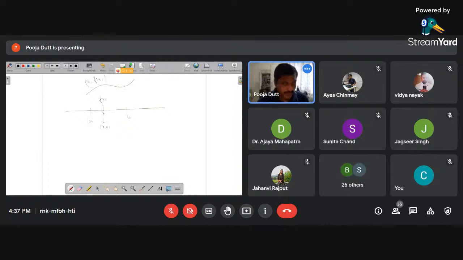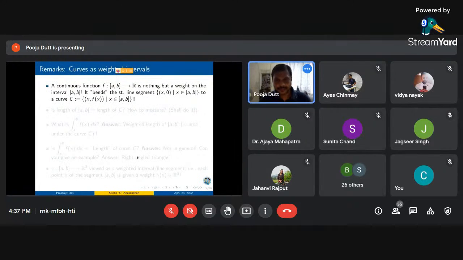Automatically, whenever I say this, this question comes. Since interval AB has been given weight, interval AB can be viewed as a straight line segment, and it has length b minus a. So does it mean the length of the interval b minus a is the same as the length of the curve generated by that function f?